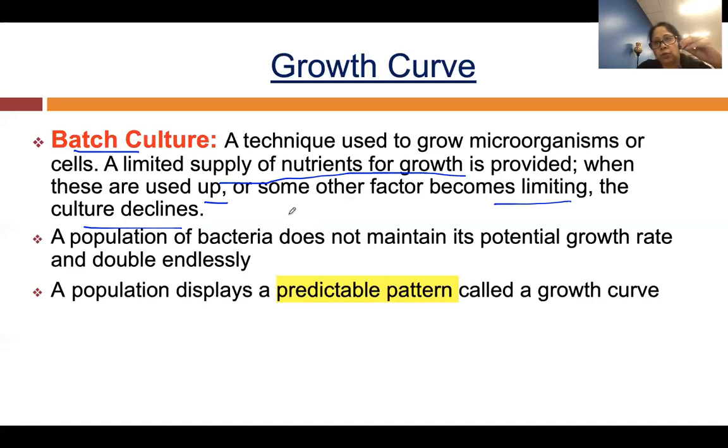That's batch culture. So we put in all the nutrients and estimate, let's say we want to keep the bacteria for 1 month. We estimate that much amount of food and provide it inside that liquid media, TSA plate or TSB broth media.